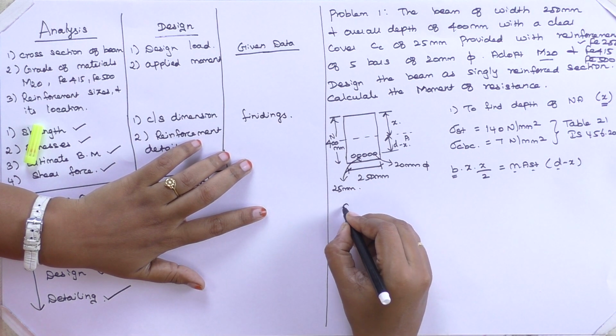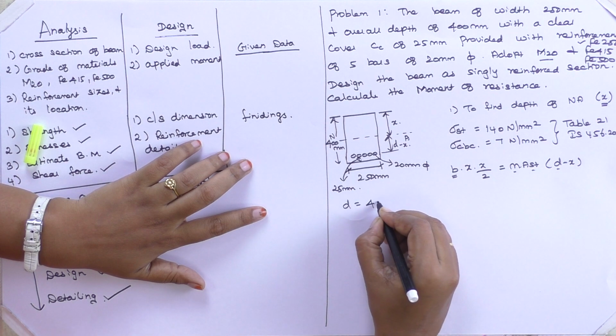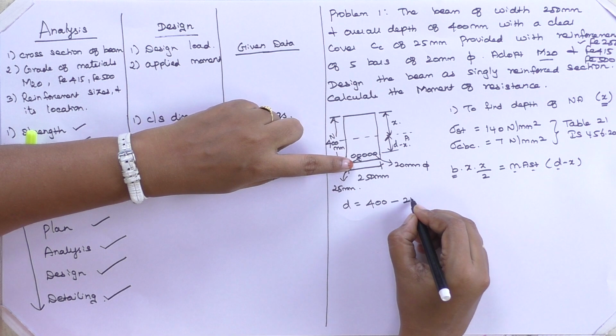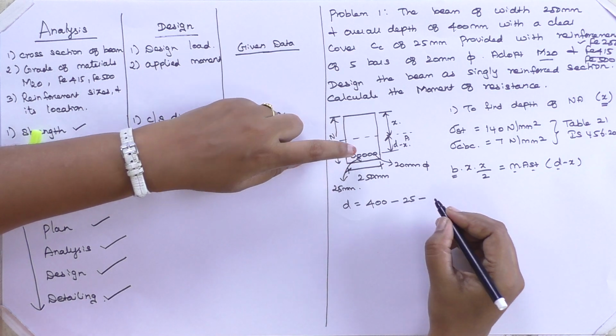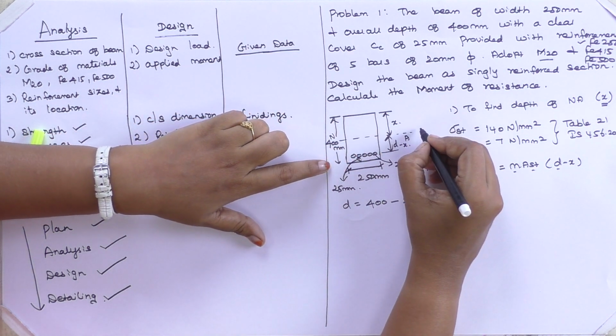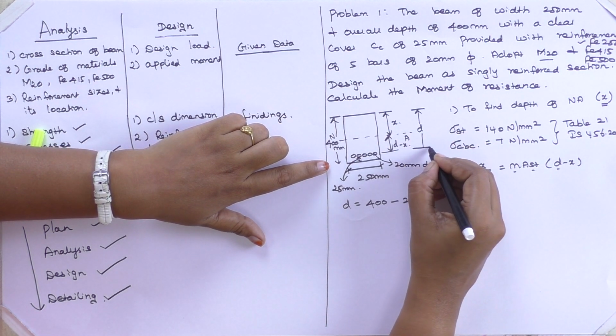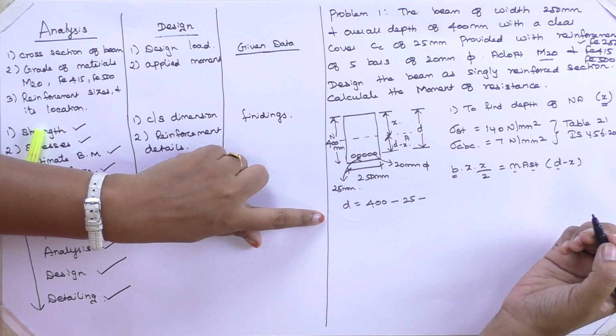Here d, small d, is nothing but 400 minus your clear cover value 25 mm minus half of the bar diameter, from the top fiber till the centroidal level of steel. This is called the effective depth.